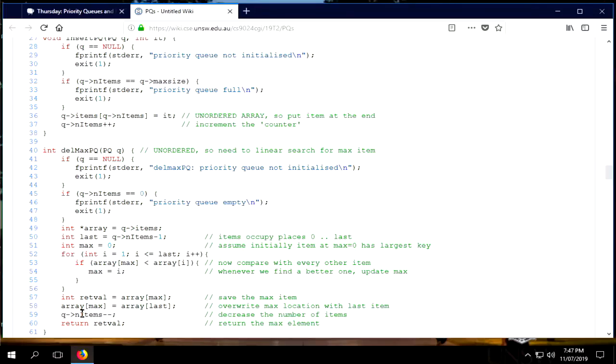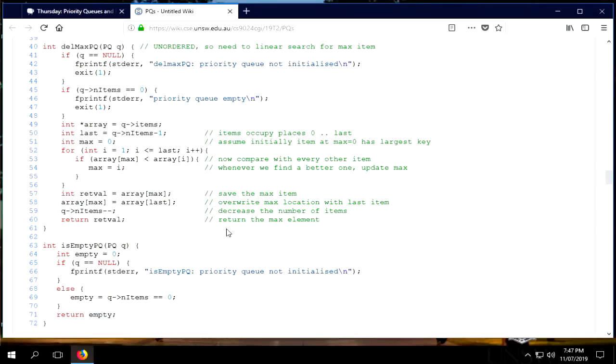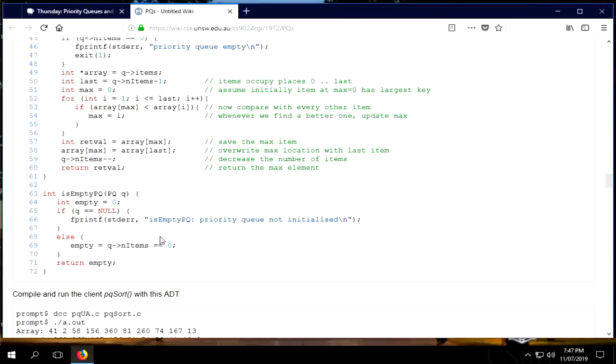Easily just put it on the end when you insert, and when you delete, you find the maximum element, you return it, but you call it retval, copy it, you then overwrite it by the last element, fill up the hole, and that's it. And then you decrease the number of elements because the last element no longer exists in that sense. It's been copied to the max position.